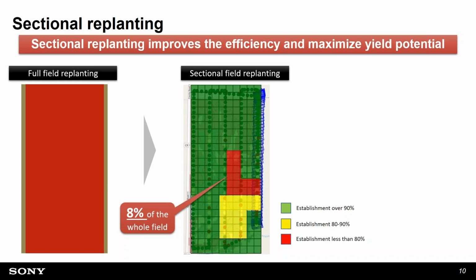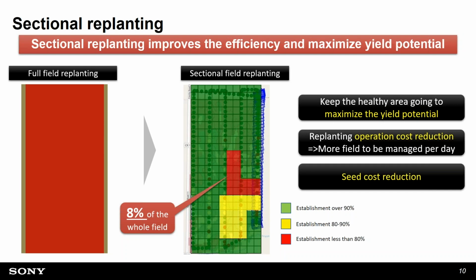These areas actually represent only 8% of the whole field. So that means you can keep the green area as is to maximize the yield potential.